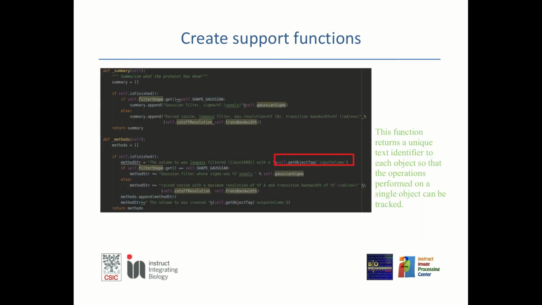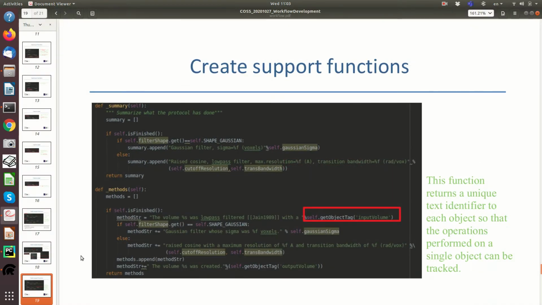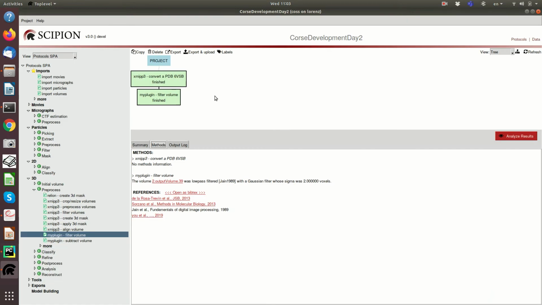And then also how to get this unique identifier for an input object. There is a function in the protocol that is getObjectTag, and this getObjectTag either gets an automatic label as the one we have seen, or you can also change it. Let me see if it works.